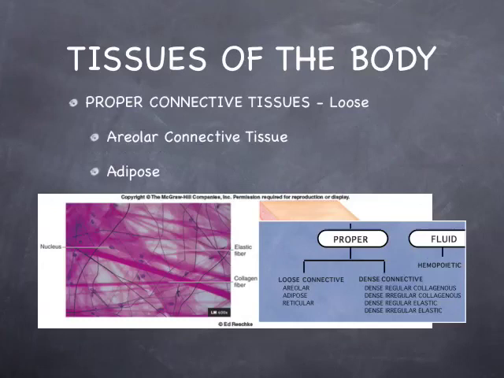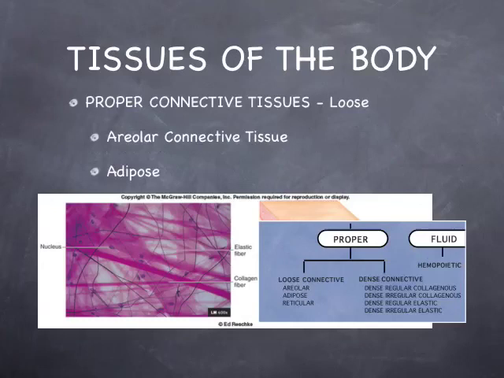Well, the number one reason is historically and practically, we always find adipose tissue associated with the loose areolar type. You see how much space there is between these fibers? Guess what is typically found in between the fibers? Fat, exactly.